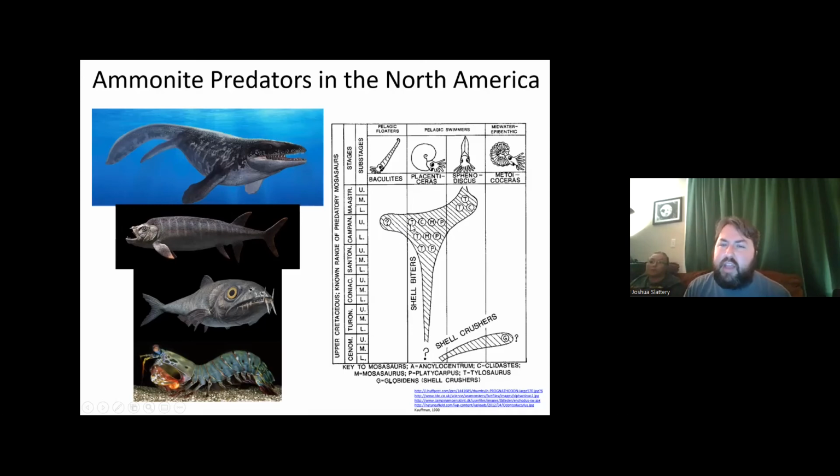And it seems to relate to the Placenticerids and the Sphenodiscids occurring very frequently in relation to the evolution of larger and larger mosasaurs. The baculitids also start showing evidence of predation during the Campanian. You don't see it very often earlier on, but I don't think it's really been well studied. People have not really gone through it. This is an area that needs to be evaluated in greater detail, and hopefully future research will start looking for more evidence of predation in ammonoids.